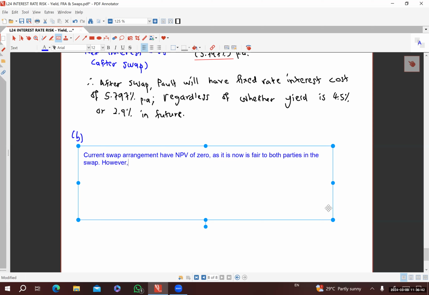However, if the interest rate increases in the future, Port will receive more under the swap, but pays fixed rate.